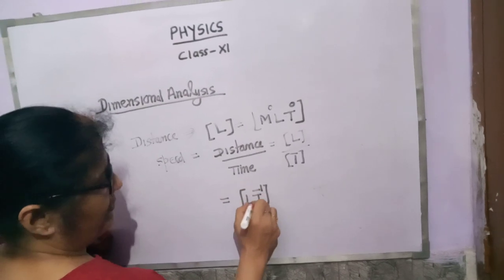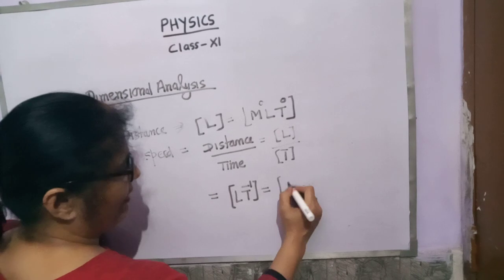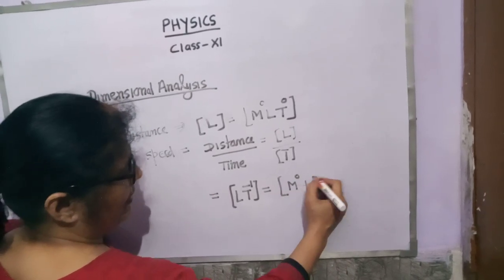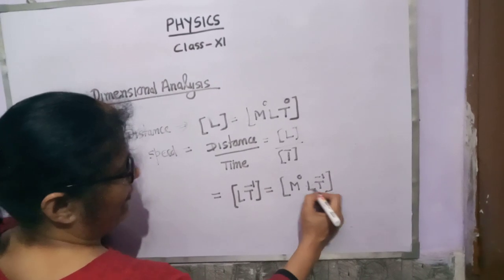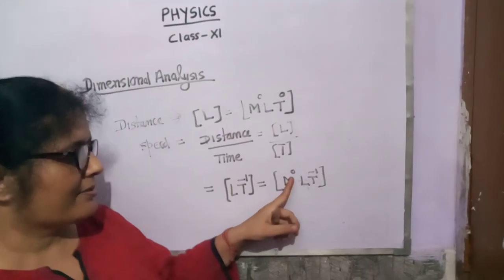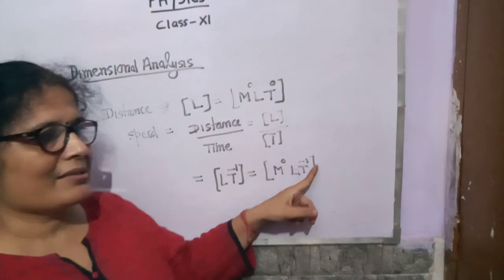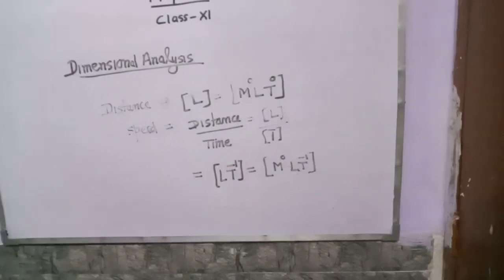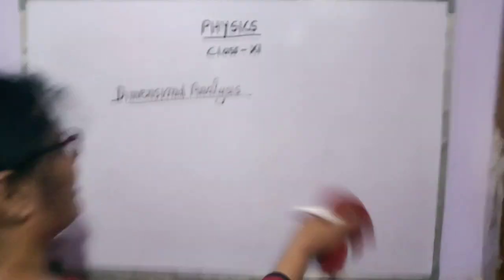M is not present here, so in the proper form we can write M raised to the power 0, L, T raised to the power minus 1. Then the dimensions of speed: in mass is 0, in length is 1, in time is minus 1, and this is known as the dimensional formula. Now, you can determine the dimension of all other physical quantities also.